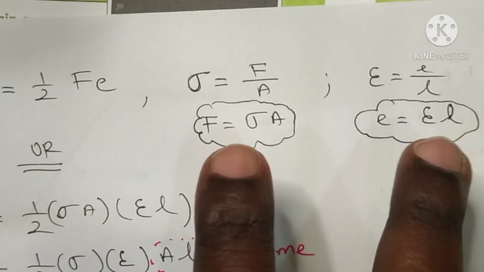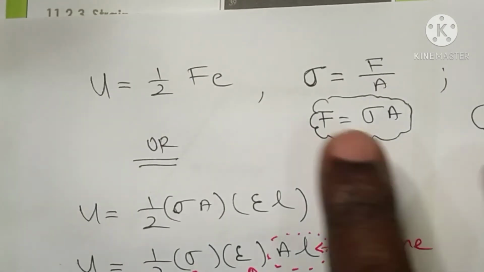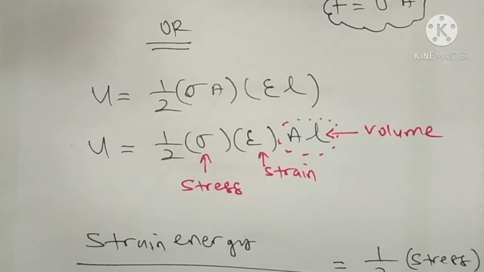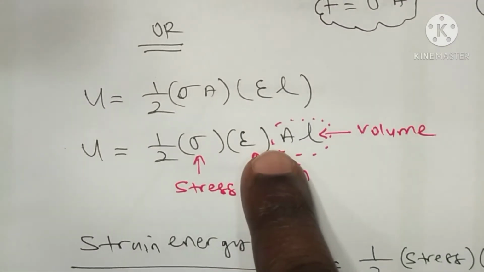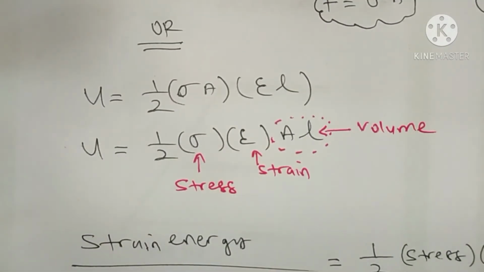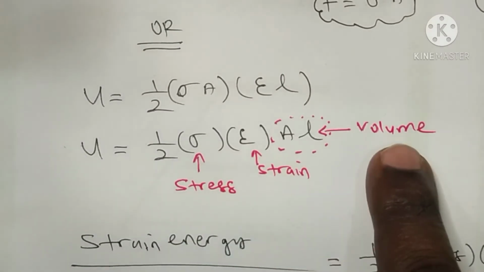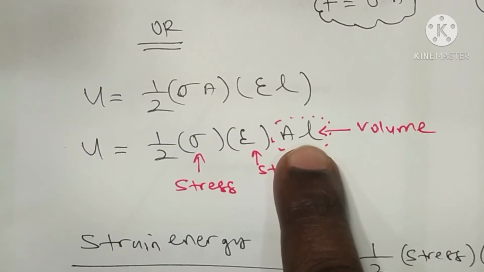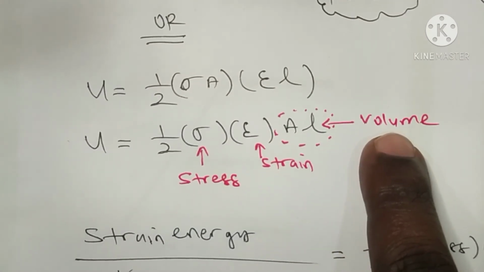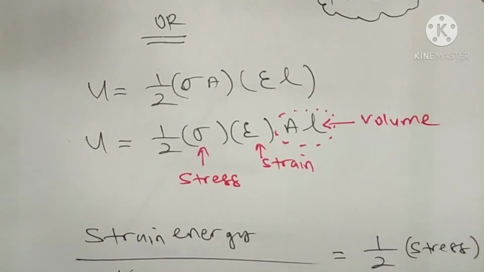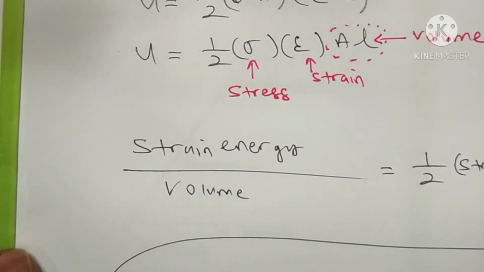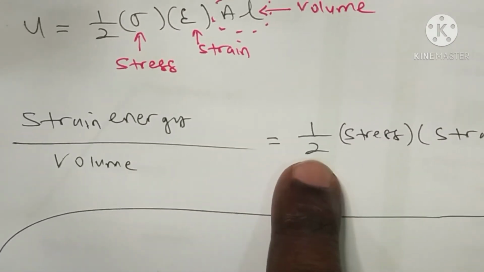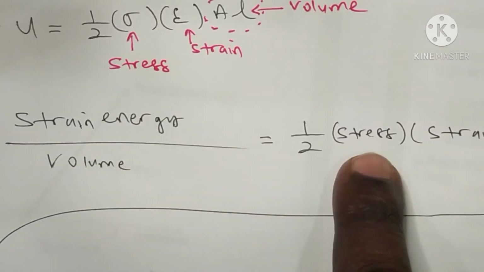Once we substitute these two equations into this formula, the strain energy is in this form, with a combination of stress, strain and volume. Area times the original length gives you volume. And now strain energy U per volume equals half times stress times strain.